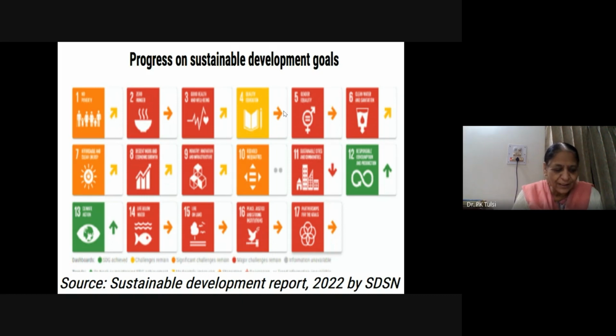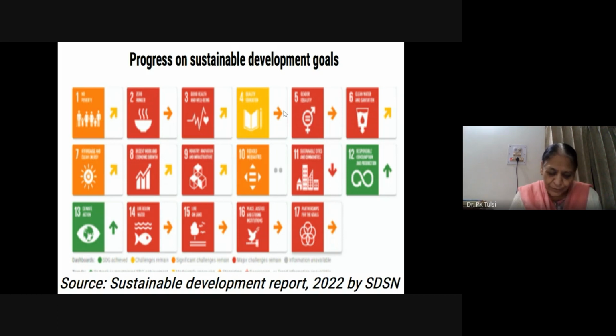And then the next is with respect to making cities and human settlements inclusive, safe, resilient, and sustainable. And here we find that in the globe, 1 billion slum dwellers are there.